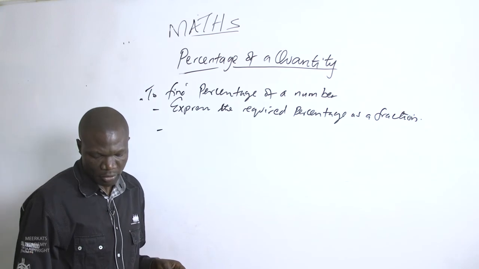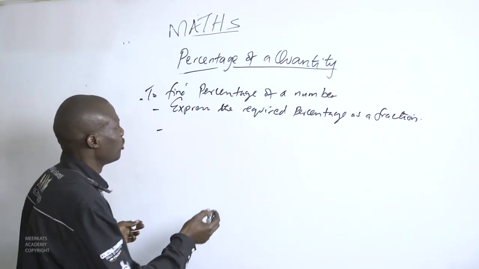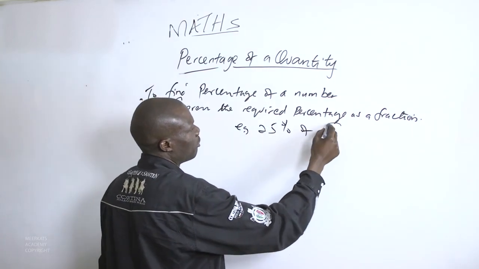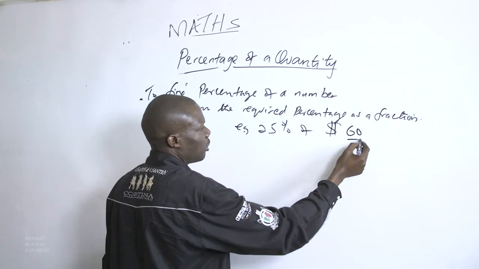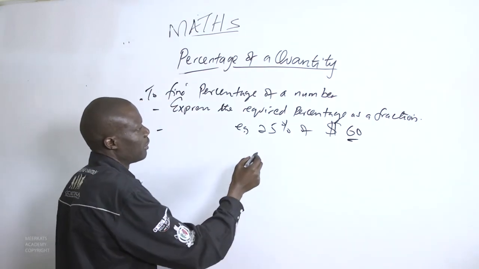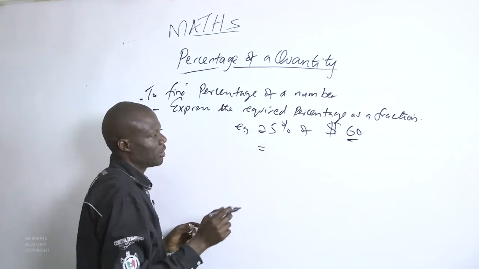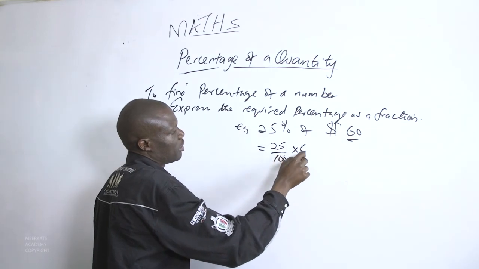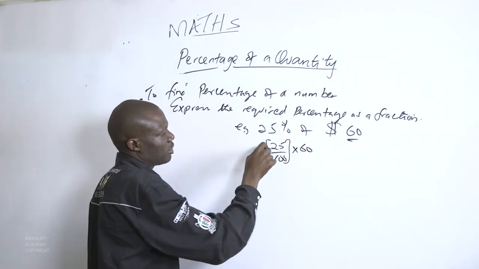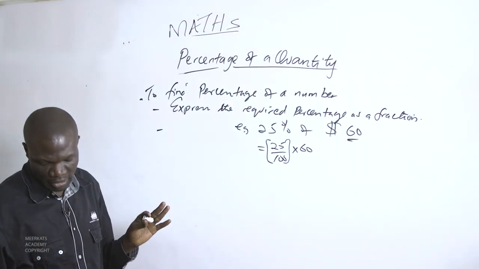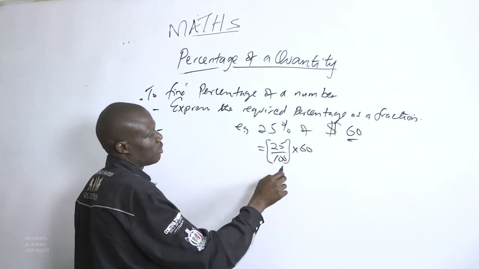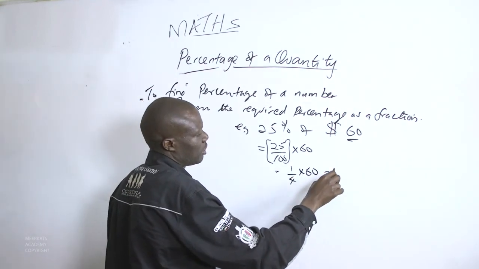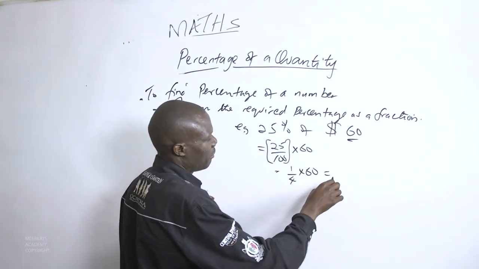For example, if we are asked for 25% of $60, we shall express this 25% as a fraction first, that is 25 over 100 times 60. Express the percentage as a fraction first of all. When you simplify, it's 1 over 4 times 60, which will give us 15.